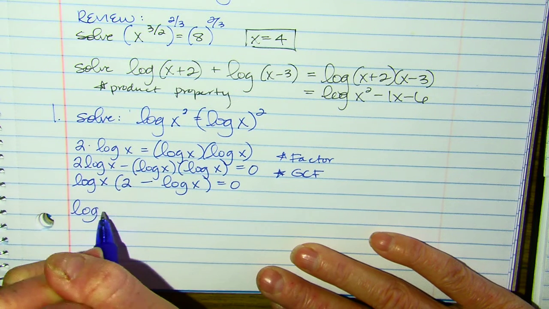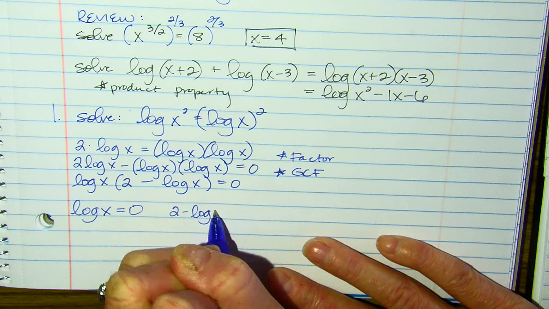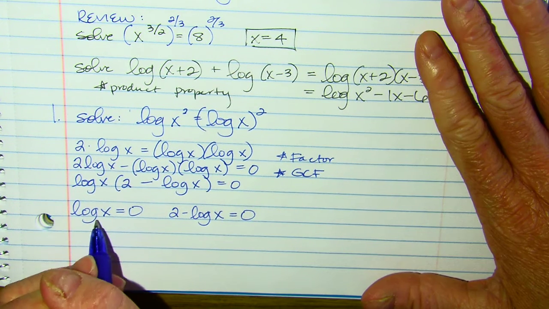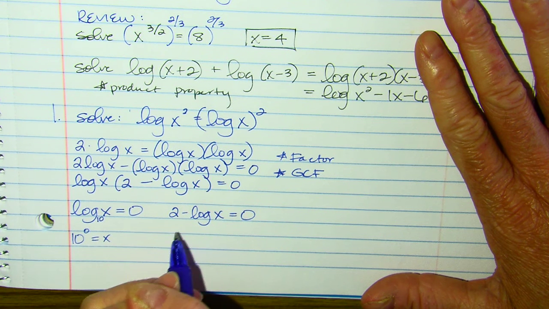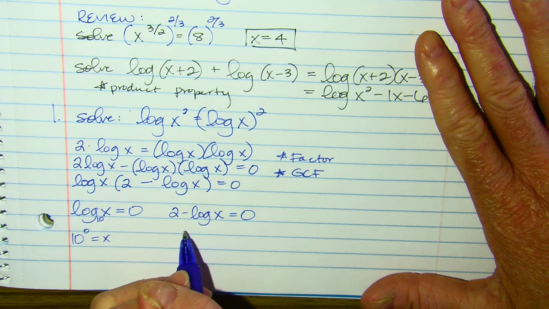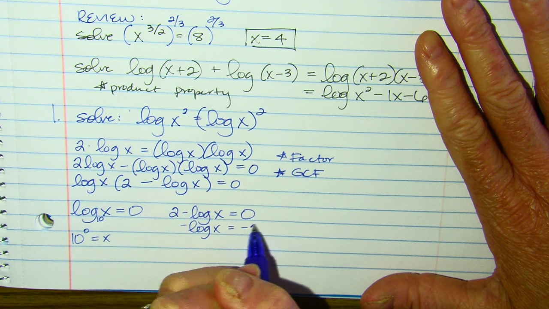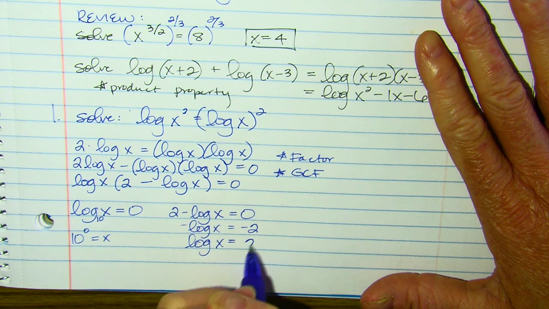So I would set log of x equal to 0, and I would set 2 minus the log of x equals 0. Okay, there's an invisible 10, so 10 to the 0 equals x. Here I would have to subtract 2, so negative log of x equals negative 2, and divide. So when does the log of x equal a positive 2?